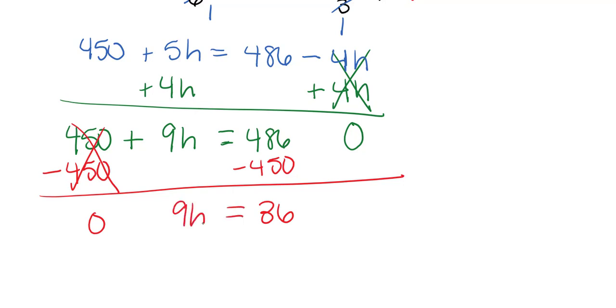And then we bring down the 9h. Now we divide by 9 on both sides, because this is multiplication, and to undo multiplication, we divide. Then this becomes 1. 36 divided by 9 is equal to 4.